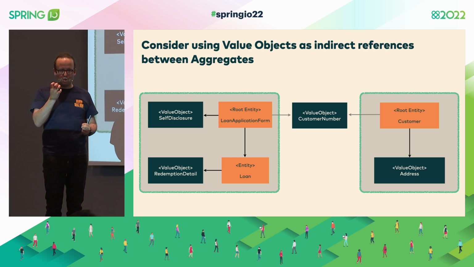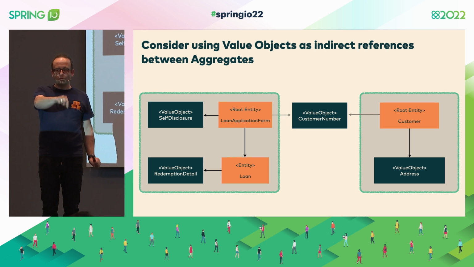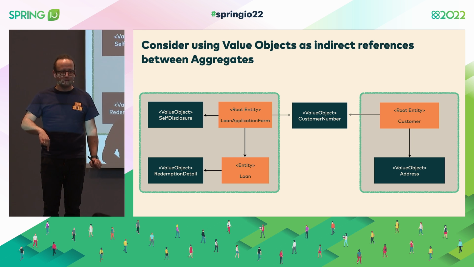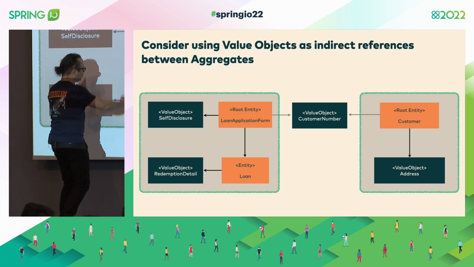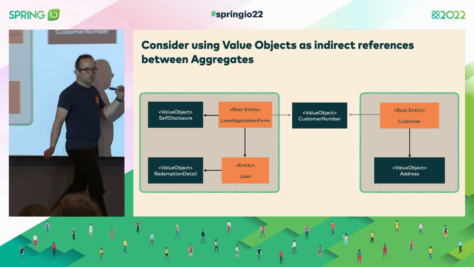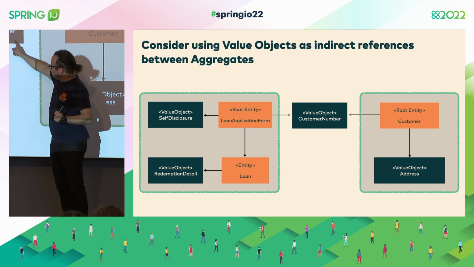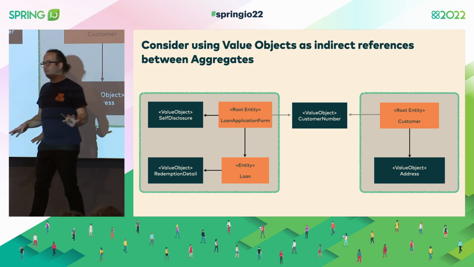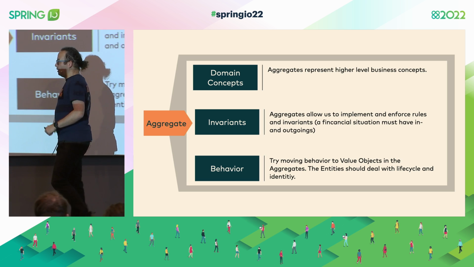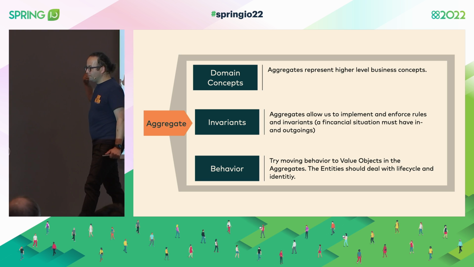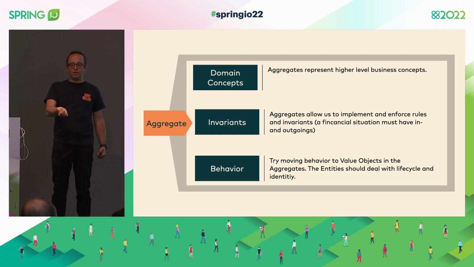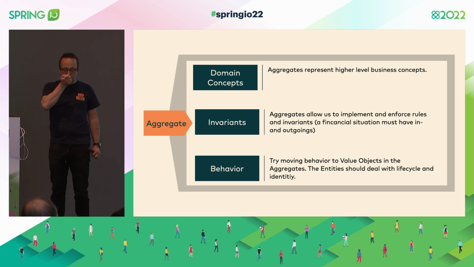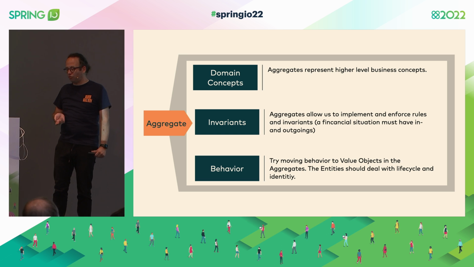It's an indicator for a high degree of coupling. I don't want my aggregates to be connascent. Usually, I want to be able to change them independently of each other. And thereby, we say, okay, don't build direct references between them. Now, they usually encapsulate domain concepts by grouping invariants. Those are business rules that need to run together in a consistent fashion.